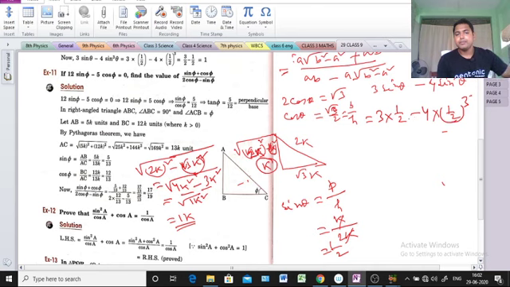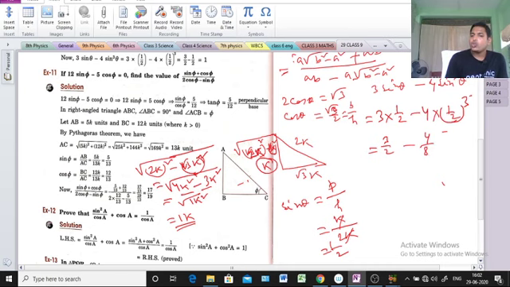Clear or not? Okay. Now 3 into 1 by 2 means 3 by 2, minus 4 into 1 by 2 whole cube. 1 by 2 whole cube means 2 cube, 2 into 2 into 2, that means 8. So we'll get 4 by 8, because 1 cube means 1.